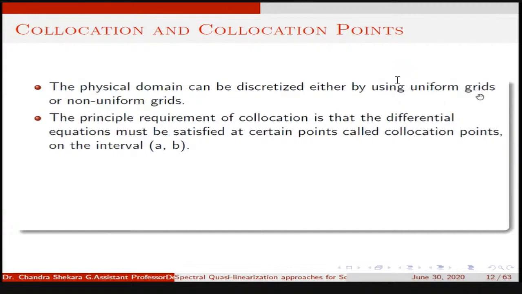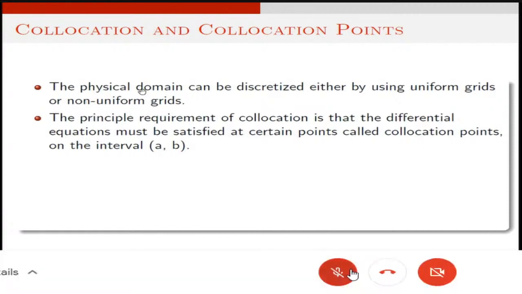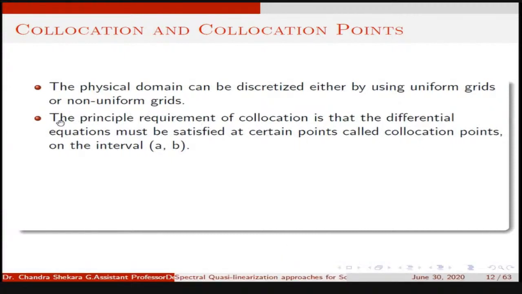Why the non-uniform grid plays a very important role, or how it increases the accuracy of the solution, we'll see with examples. But the main principle in the collocation method is that the differential equation must be satisfied at certain points within the interval AB, and these points are called collocation points.